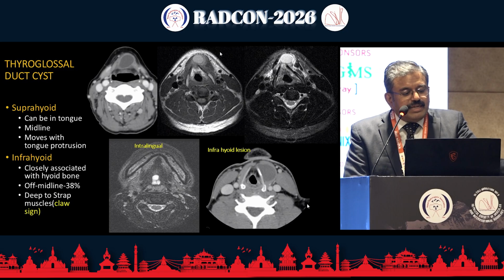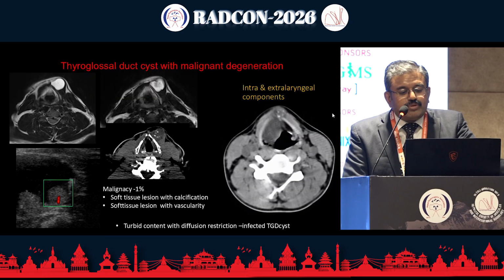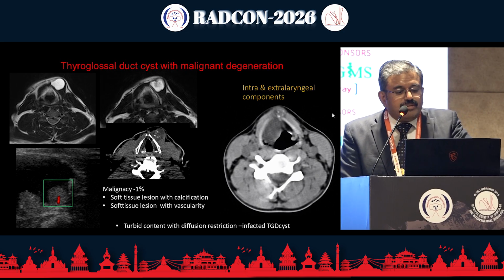Clinically, it moves with protrusion of the tongue, and it is typically deep to the strap muscles, whereas epidermoid and dermoid are superficial to the strap muscles, which is how we differentiate thyroglossal duct cyst from epidermoid and dermoid.